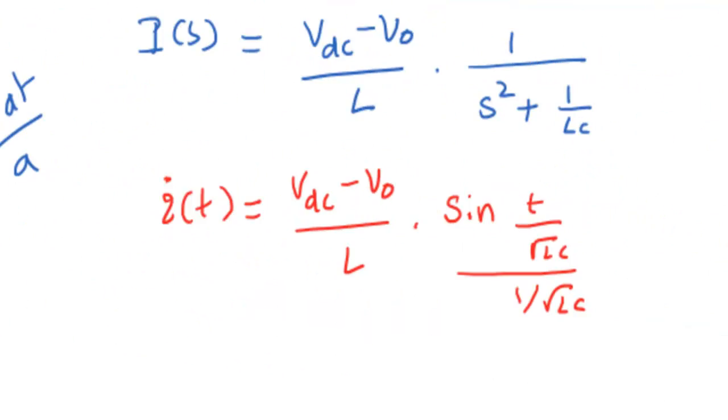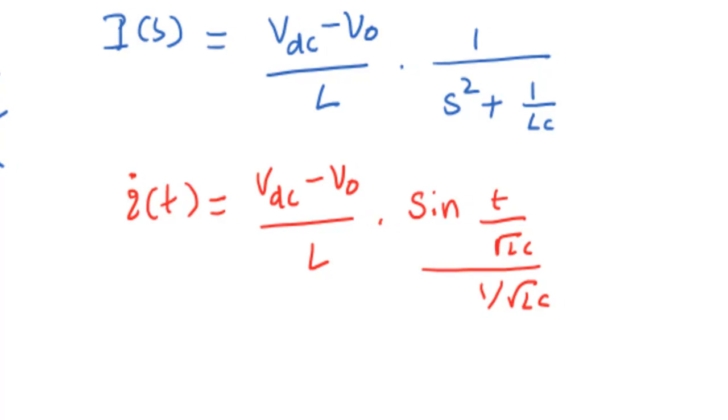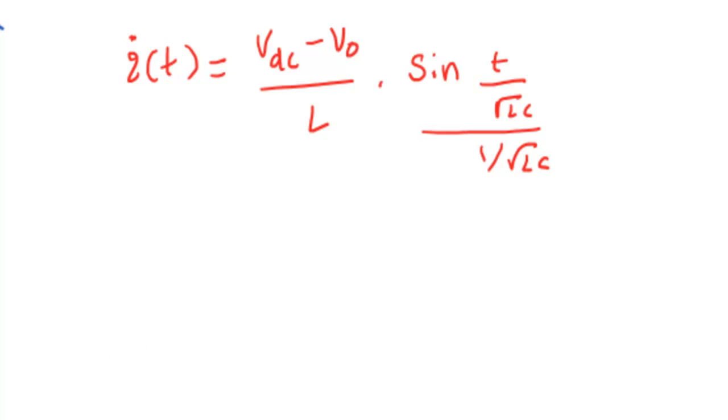Now we need to simplify this further. So i(t) equals VDC minus V naught by L as usual, and 1 by root LC comes to the numerator.